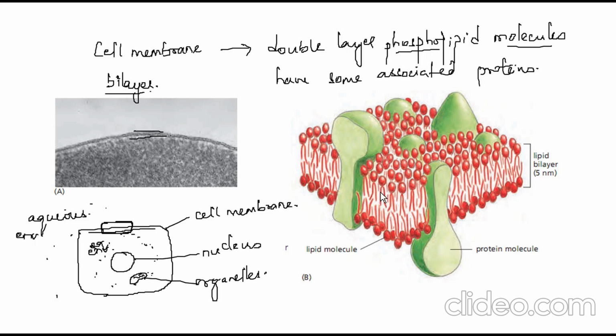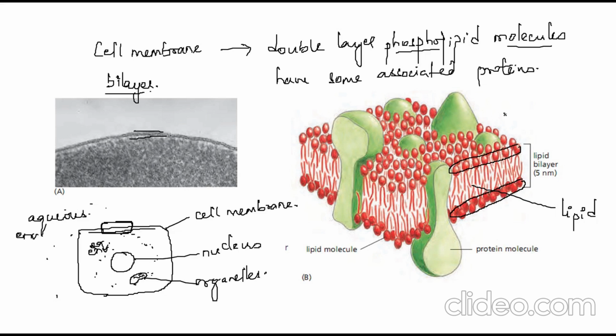So the core part of the membrane, as you can see here, is formed of lipid. You can see this hydrophilic region, and this is another hydrophilic region of the cell membrane.